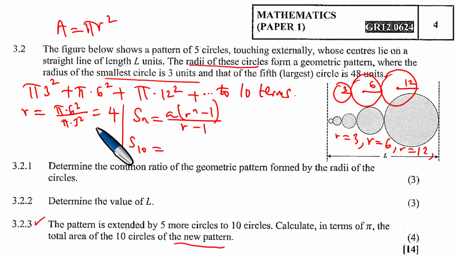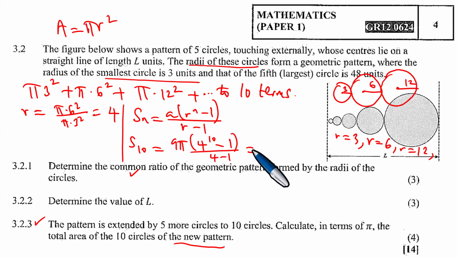What is the first term? The first term is pi 3 squared, which is 9 pi, because 3 squared is 9. The common ratio is actually 4, because pi cancels pi, and 36 divided by 9 is 4. The common ratio of the areas of the circles is 4. We have the power 10 minus 1 divided by 4 minus 1.